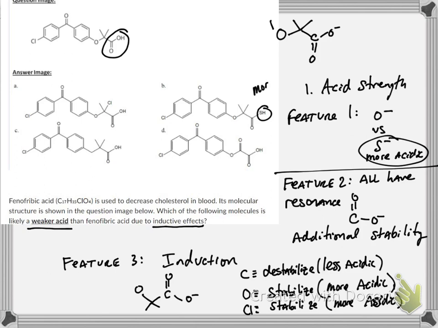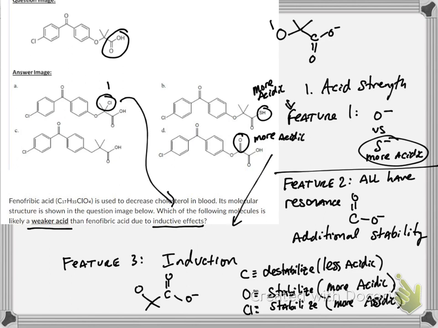So there are three more acidic acids here. The SH is more acidic for feature 1. Sulfur is more acidic in the same group than oxygen. Then we have A and D, which are more acidic for inductive reasons because they are stabilizing the conjugate base through induction.